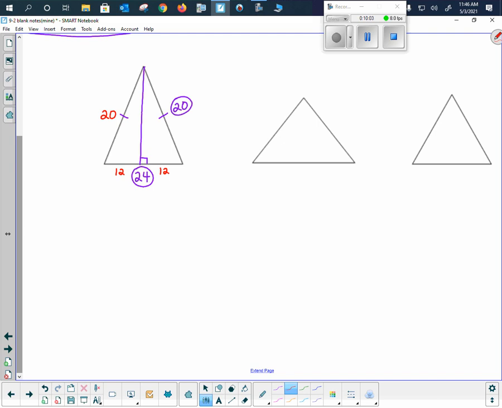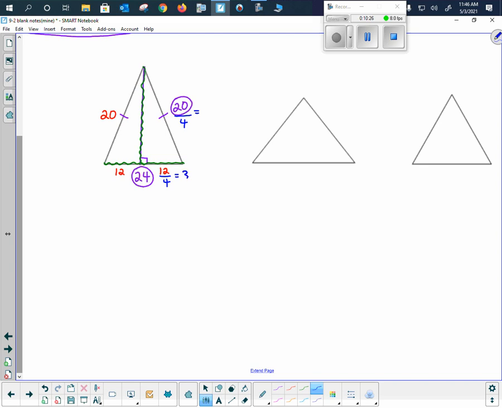Okay, and so now I need the height. Remember, I've got a base. There's the entire base. And the height are the two lengths that meet at right angles. Okay, so those are all the lengths that I'm looking for. I know one of them's 24, but I need that height. So that's the work I'm going to do now. I'm going to take the 12 and the 20 and reduce by 4.